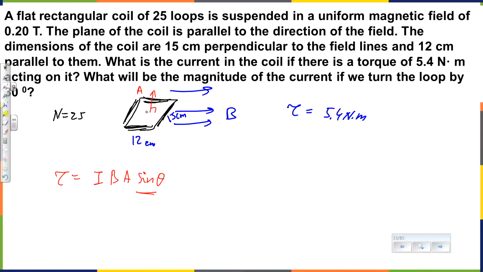But now we need to use this to solve for electric current. Electric current is supposed to be equal to torque over this and this. Now, total torque, of course, is the resultant of torque acting on each individual loop.